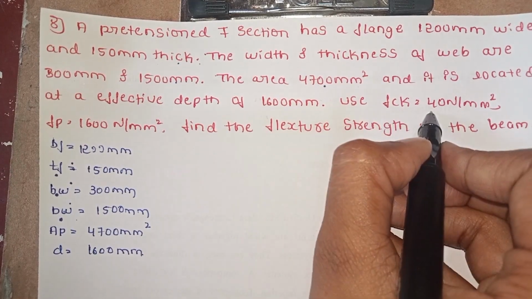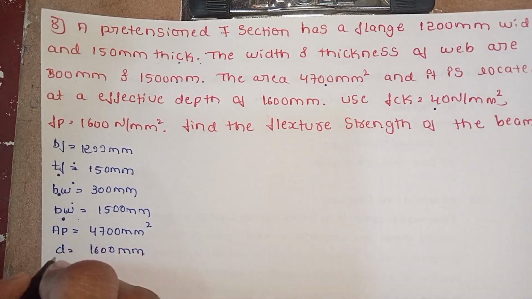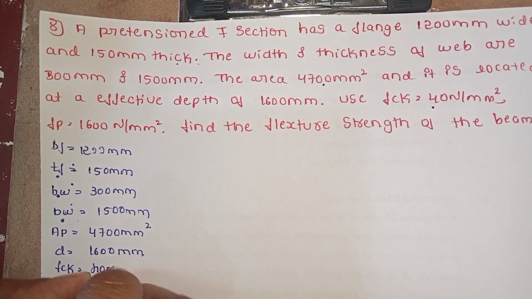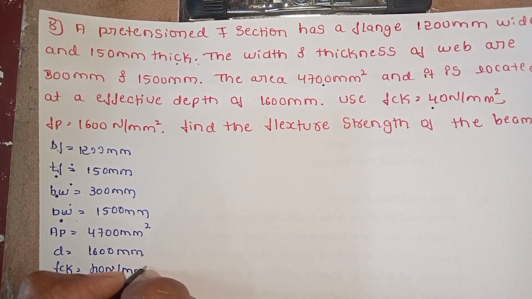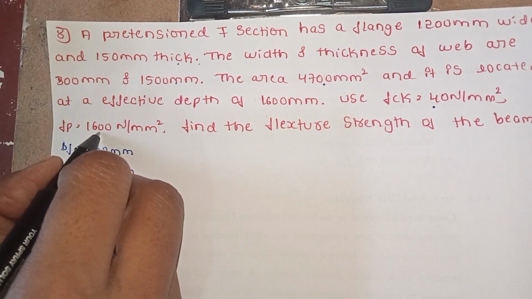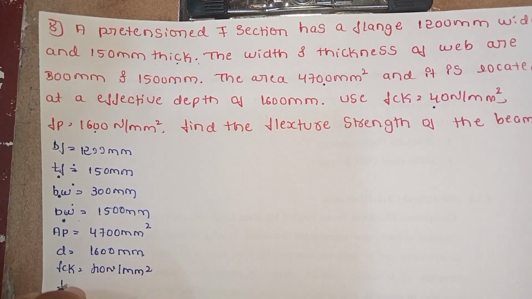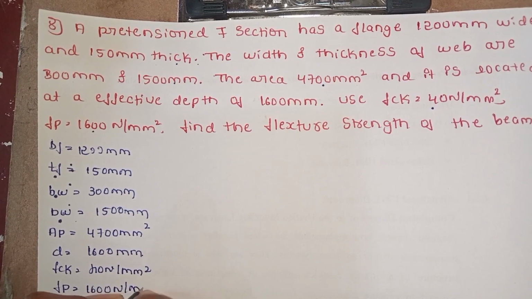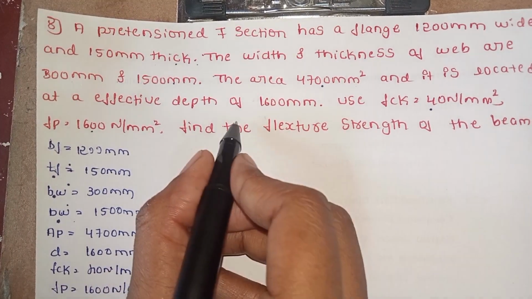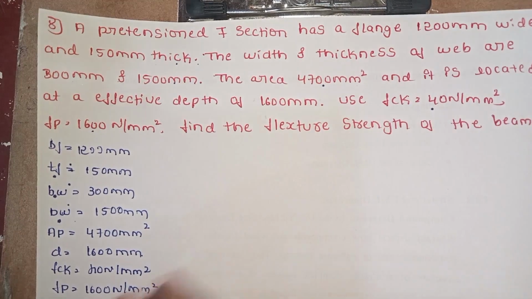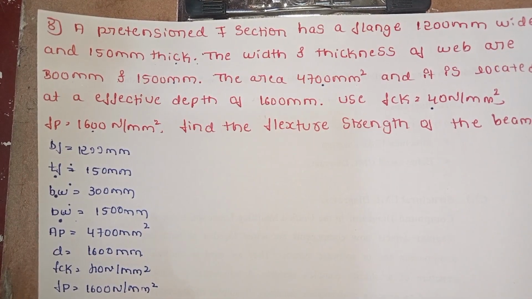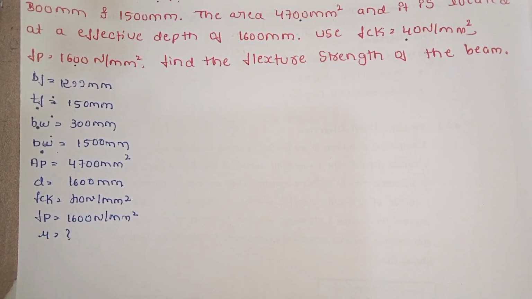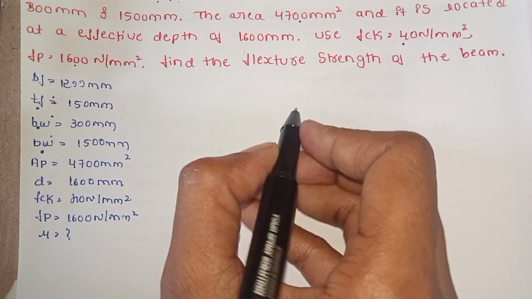Use FCK equal to 40 Newton per mm square. FP is 1600 Newton per mm square. Find the flexure strength of the beam, means M equal to question mark. This is the given data. Now draw the figure.